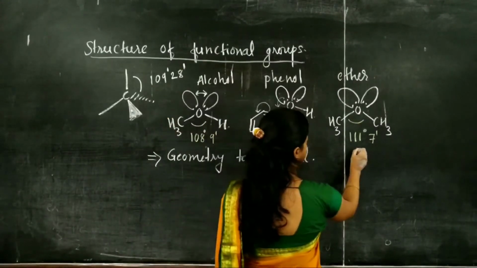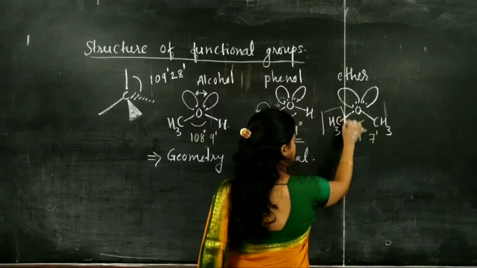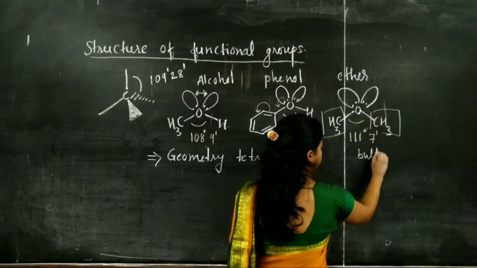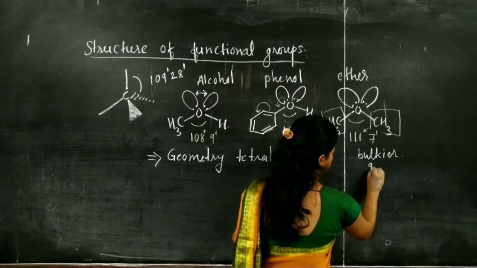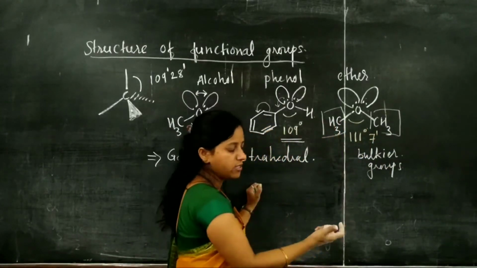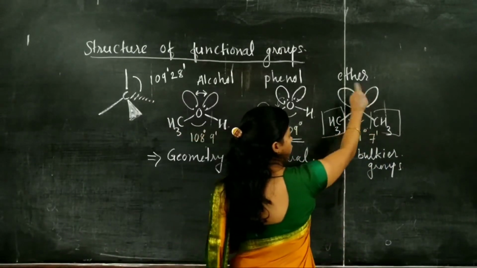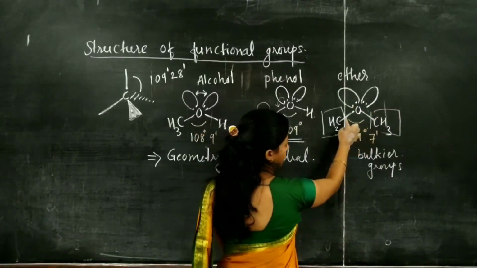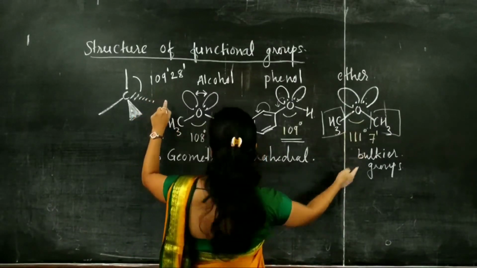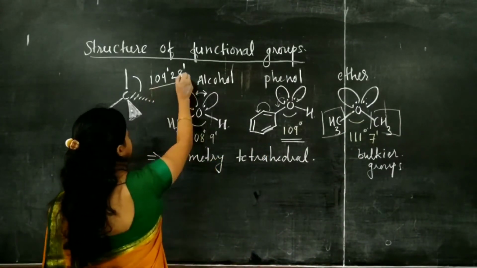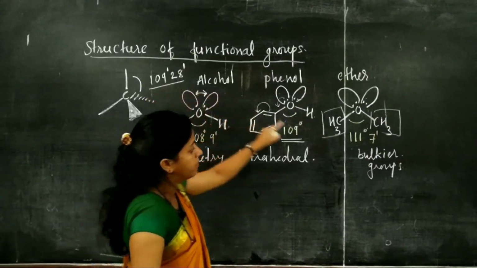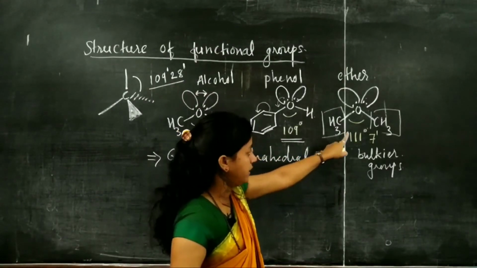In case of ether, because of these bulkier groups, that is, steric hindrance will predominate over the lone pair repulsion, and because of that the tetrahedral bond angle is increased, or it is more as compared to the normal 109 degree tetrahedral angle. 109 degree 28 minutes is the normal tetrahedral angle, but here it is more, it is 111 degree 7 minutes.